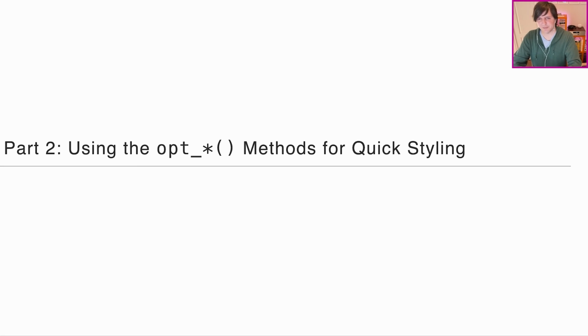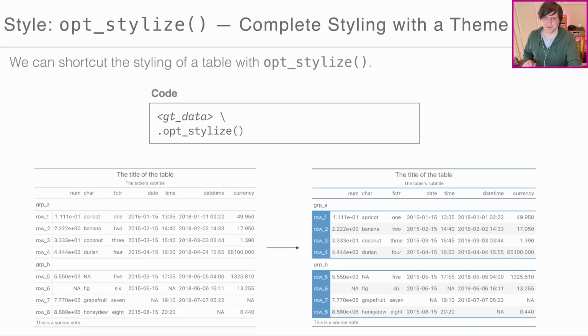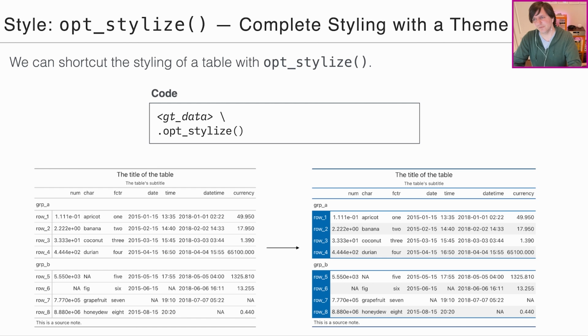Also within Great Tables, we have a large number of opt_ methods, and these give you an opportunity to quickly style the table in different ways. So we can style the table very quickly by using opt_stylize. Even without any arguments, it'll take this pretty boring default table and apply a theme throughout.